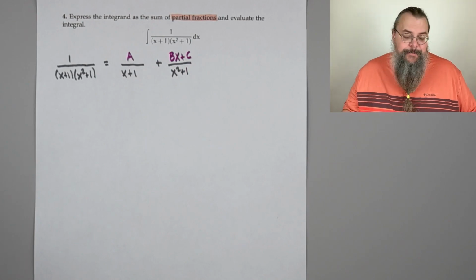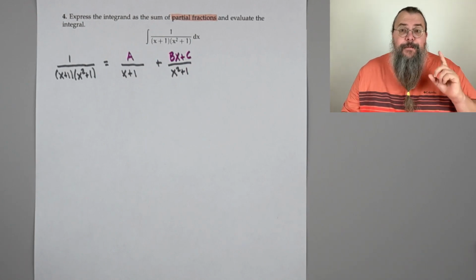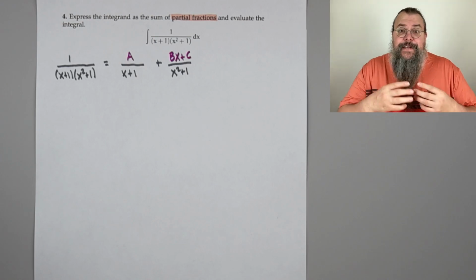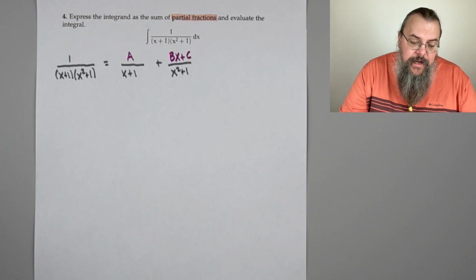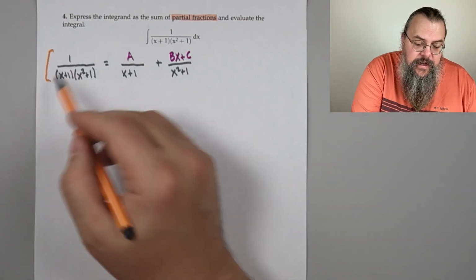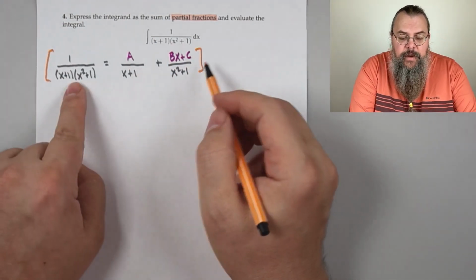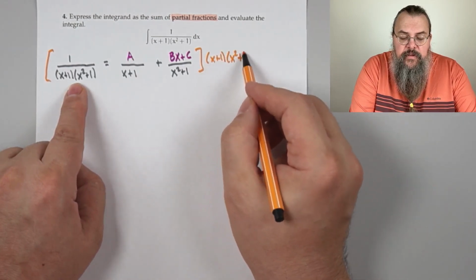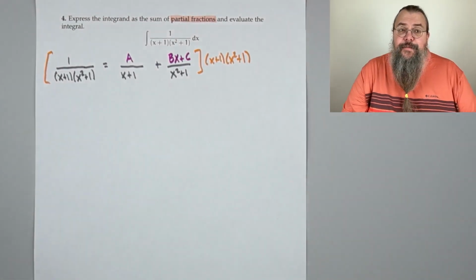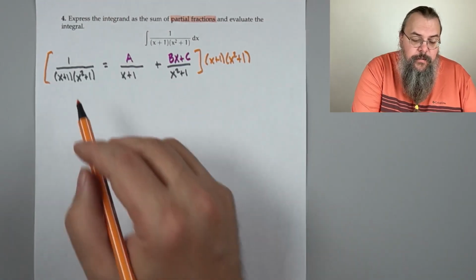So how do we get there? Well, once you have the right form, next, clean out your denominators. The way I like to do it, I multiply everything by the denominator on the left-hand side, x plus 1 times x squared plus 1. When we do that, what do we get?